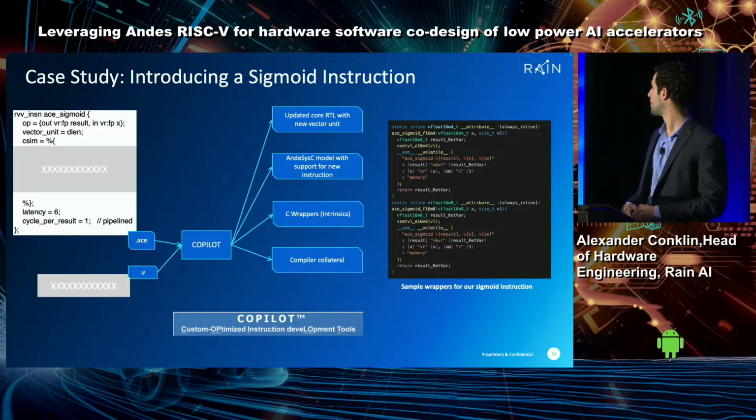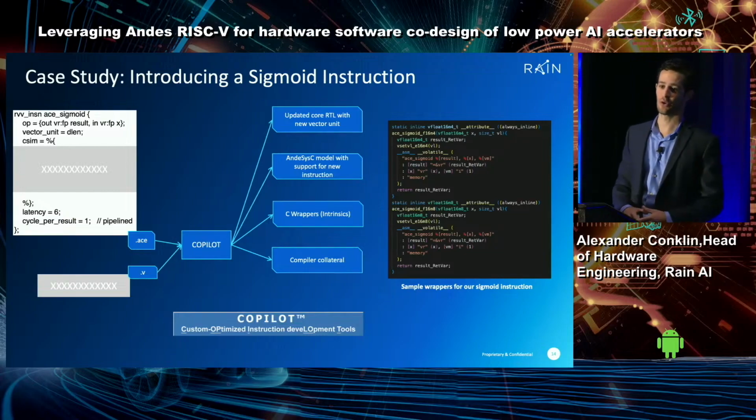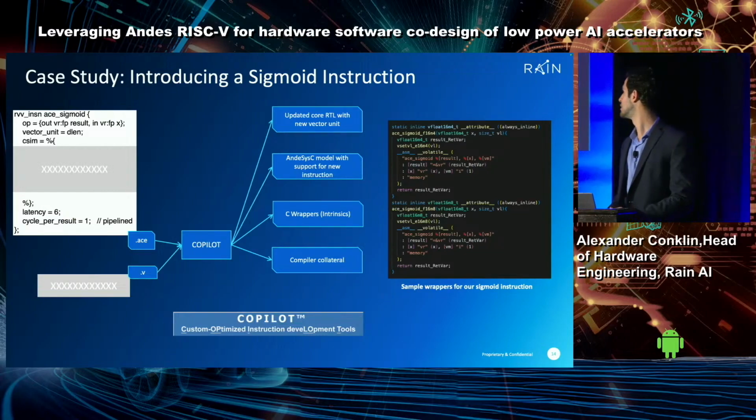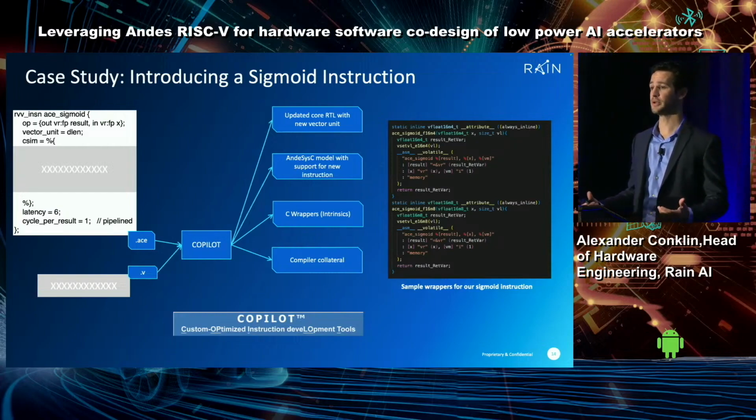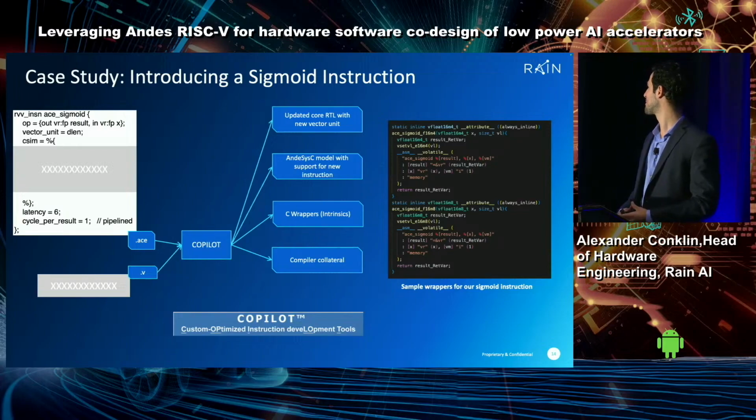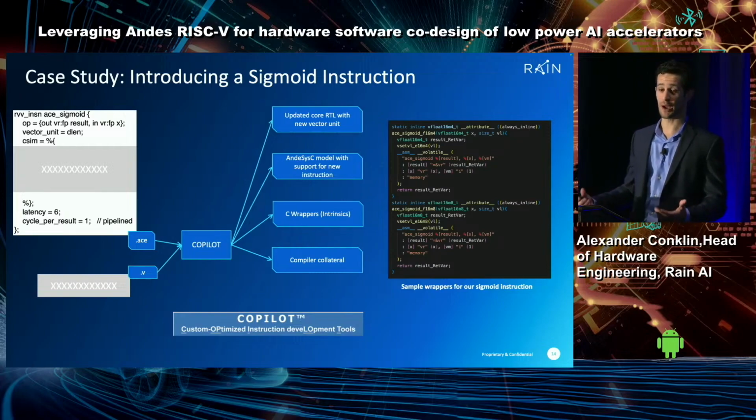And we run these two files through Copilot, and we get a few really nice things. One, our updated core RTL with the new vector unit. So all this RTL surgery is done for us. Second, we get collateral for simulation, and we can build an Andes System C simulator for the instruction. We get, well, the instruction is generated along with these C wrappers, these intrinsics.